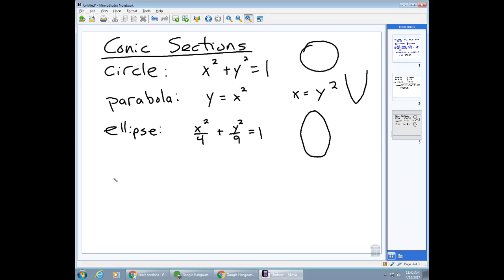And then hyperbolas come in a couple of different forms. The most basic hyperbola that you've seen before is y equals 1 over x. And that's where we have this curve that's asymptotic in two directions, vertical and horizontal. And there's usually a mirror image through some point of that thing.